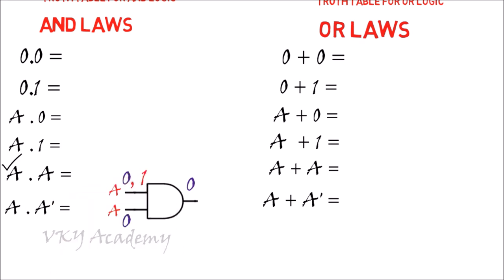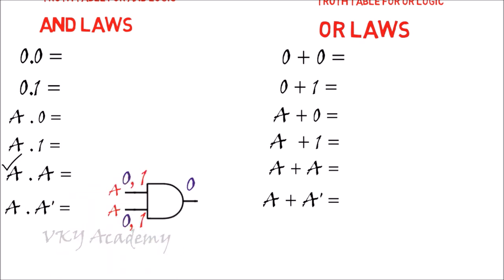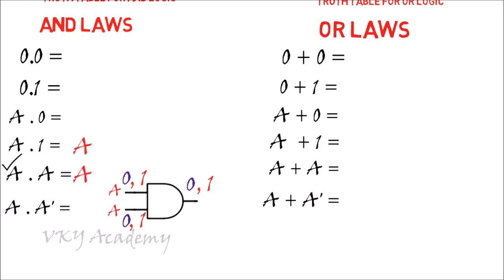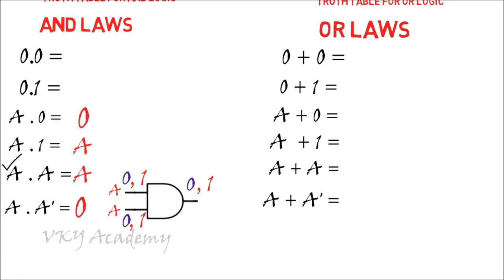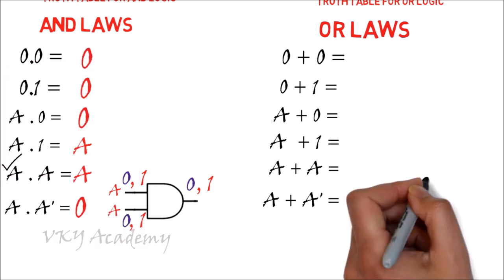If A is equal to 1, 1 will be supplied to both the inputs, and 1 and 1 is always equal to 1. So ultimately A and A is always equal to A. In the same way, A and 1 is equal to A, A and A bar is equal to 0, A and 0 is equal to 0, 0 and 1 is equal to 0, 0 and 0 is equal to 0.